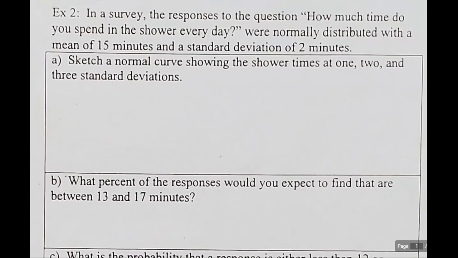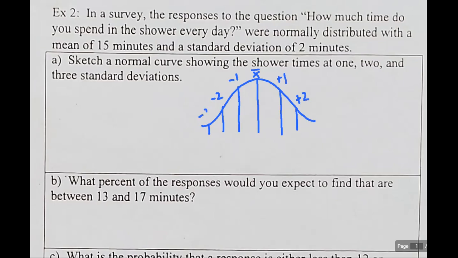So I am going to have my bell-shaped curve basically. My mean is going to be here. I'm going to be going out 1 deviation on either side, 2 deviations on either side, and 3 deviations on either side.